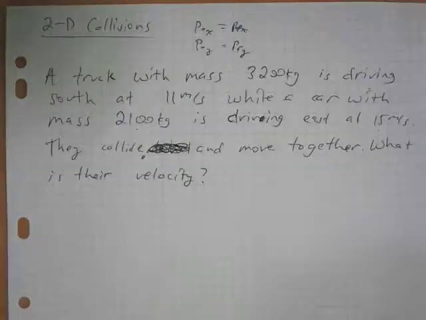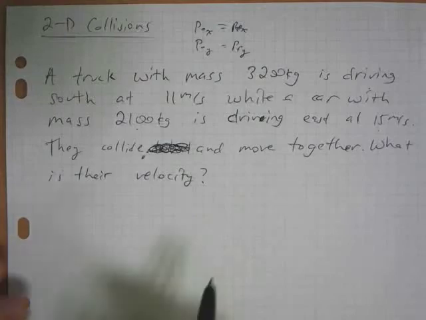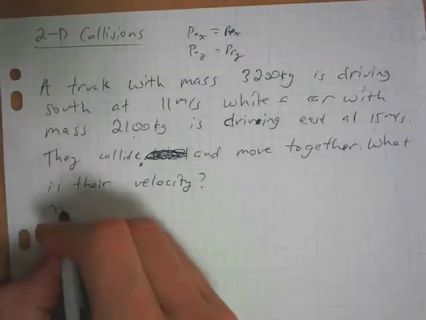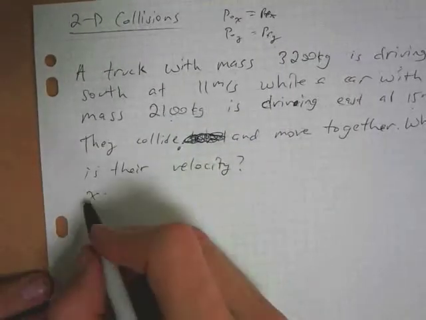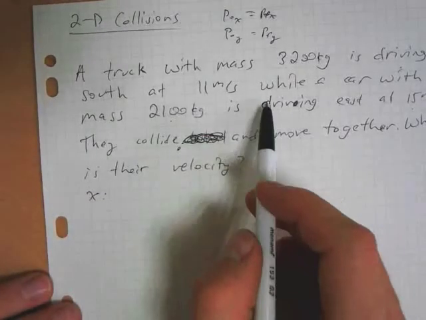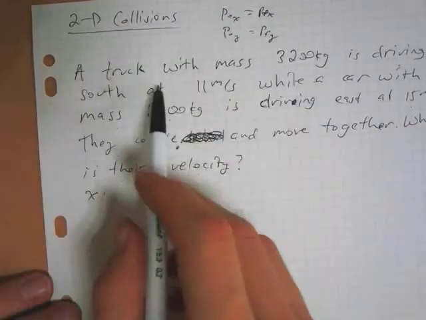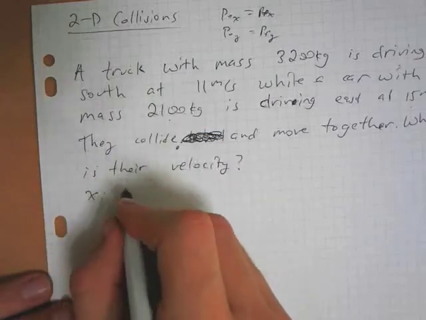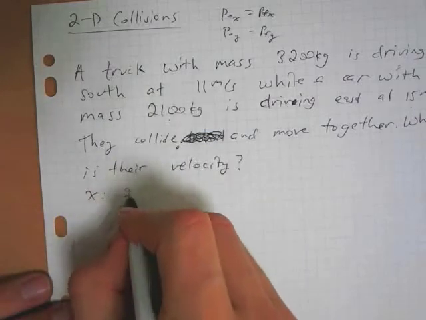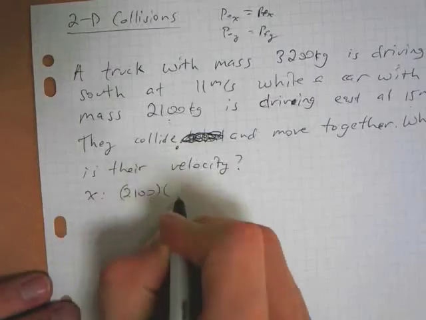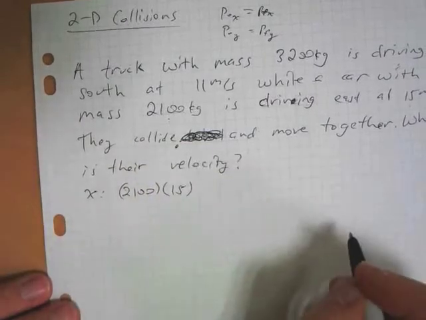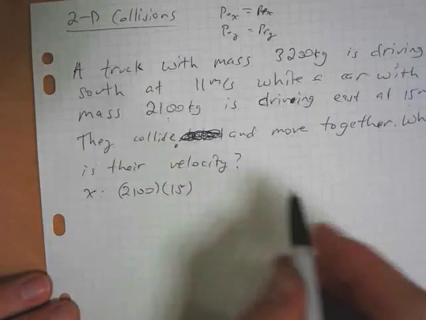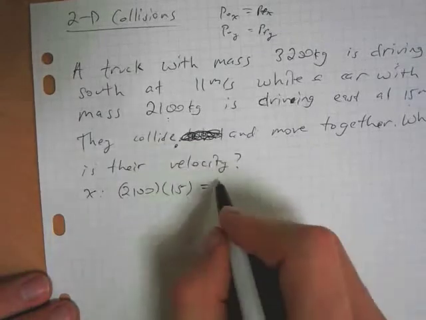Well, in the x direction, our initial momentum: the truck initially has 0 momentum. So in the x direction, we just have the momentum of the car, 2,100 kilograms traveling east. And then afterward, we have the 2 of them moving together.